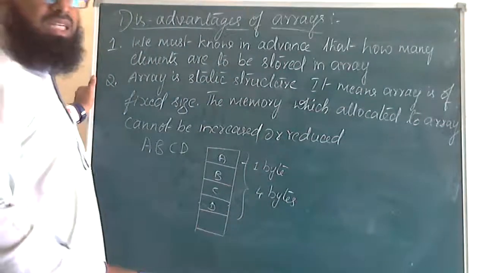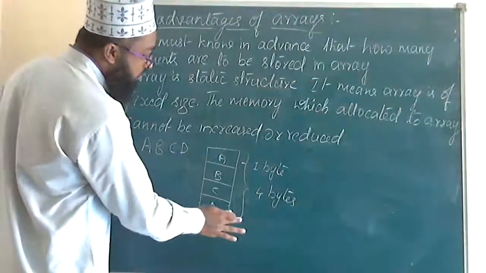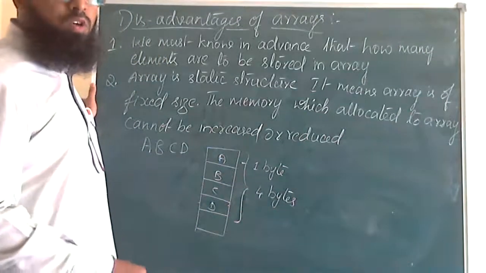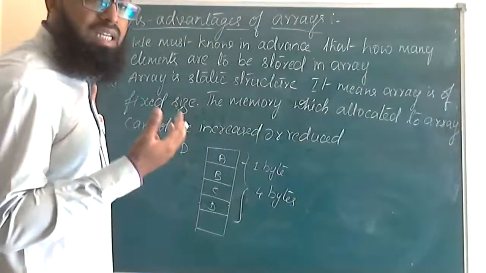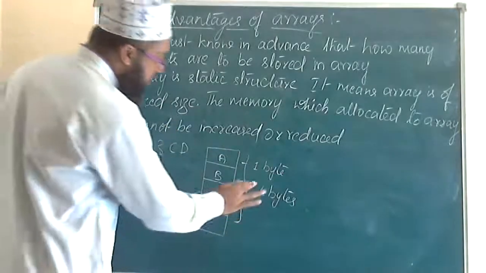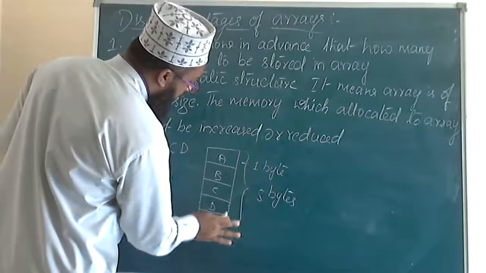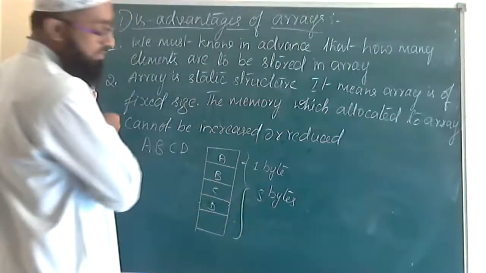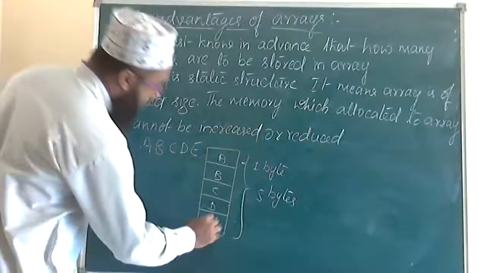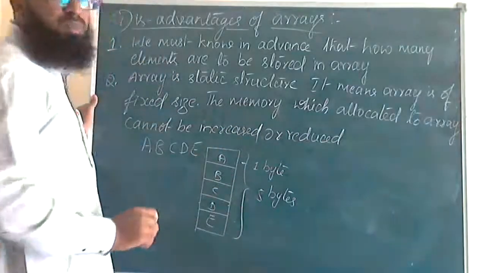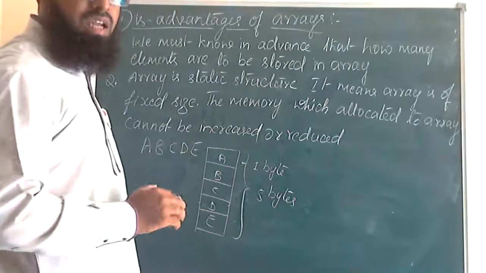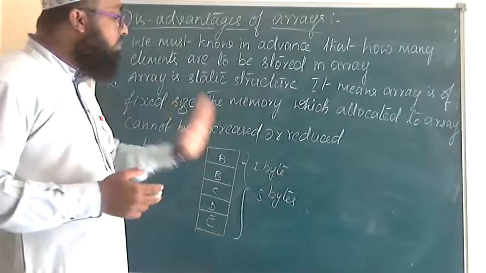At the time of creating the array itself, we have to create an array of the size we need. If we want to add one more item, we can add it in the left-over space. If we create a congested array, we cannot add more items.